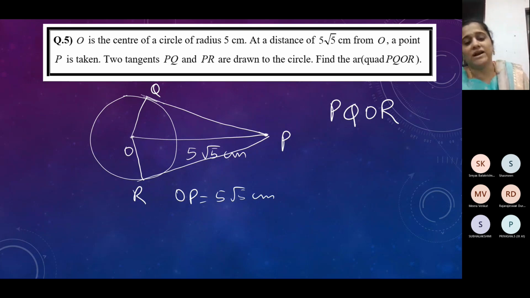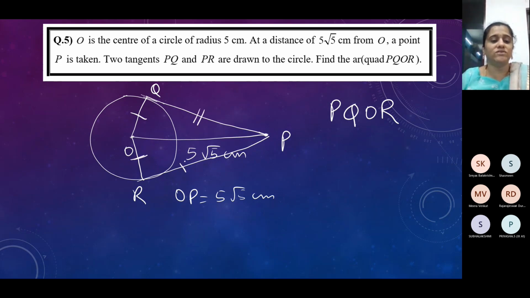Cyclic quadrilateral, correct. Another name. It is a kite. PQOR is a kite, because this side is equal to this side and this side is equal to this side.